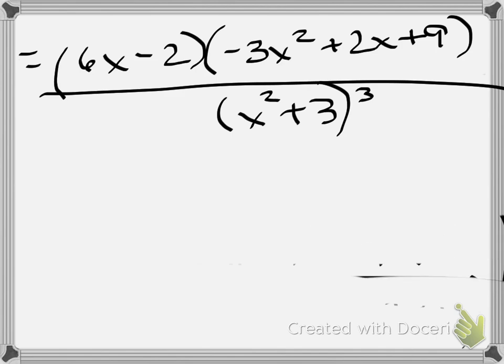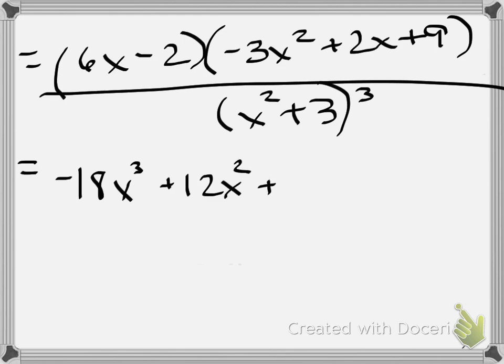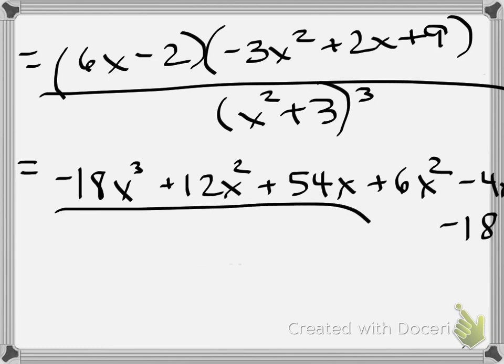Be nice if my pencil worked. Okay. So that's negative 18x to the third plus 12x squared plus 54x plus 6x squared minus 4x minus 18 all over x squared plus 3 cubed.